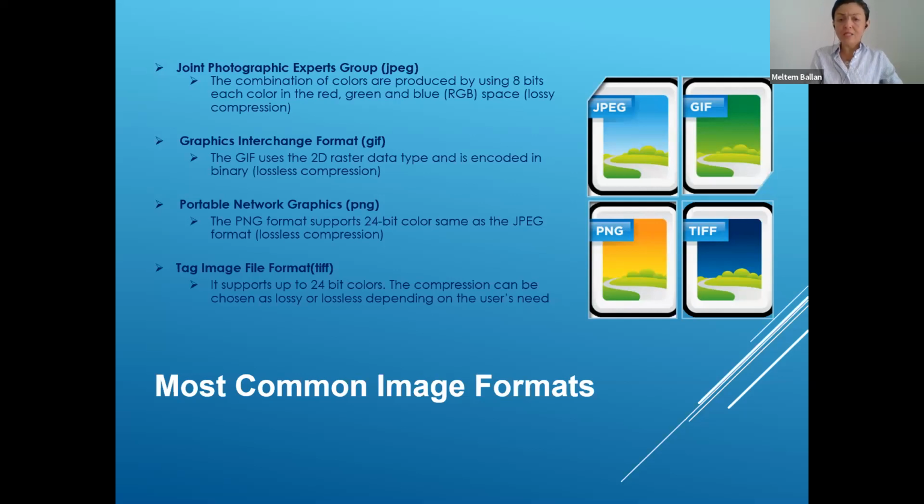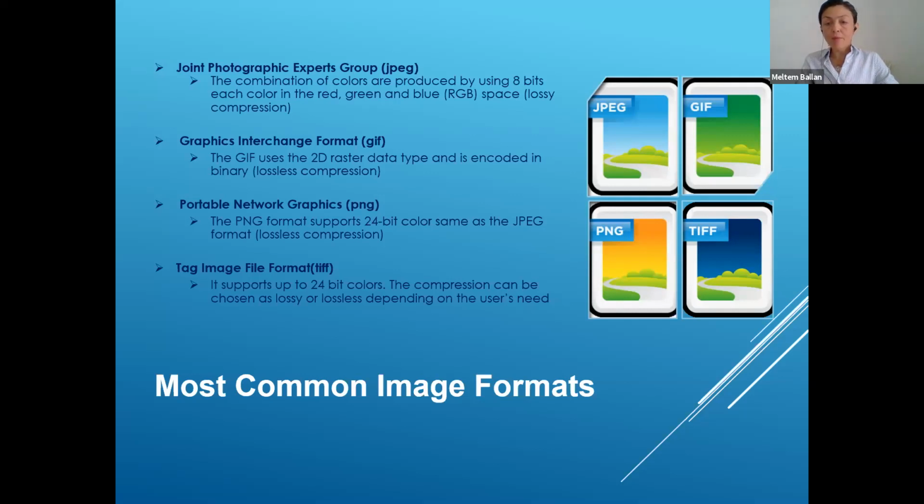PNG can be described as the more developed version of the GIF. The PNG format supports 24-bit colors, same as JPEG format. Therefore, PNG image may include over 16 million colors.